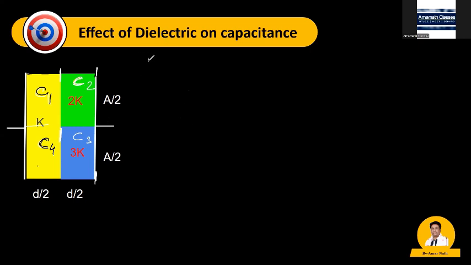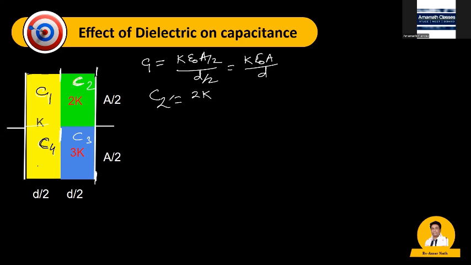So let me first write what is C1. C1 is nothing but K epsilon naught A by 2 over D by 2. So it means it is K epsilon naught A by D. What is C2? C2 is nothing but 2K epsilon naught, again A by 2 over D by 2. It means 2K epsilon naught A by D only. So C1 and C2 are in series.